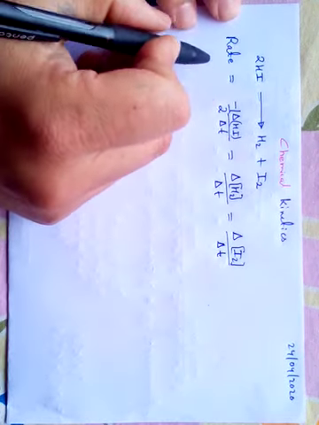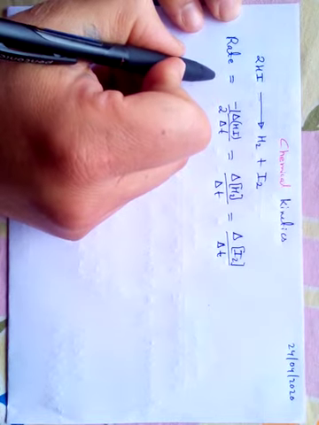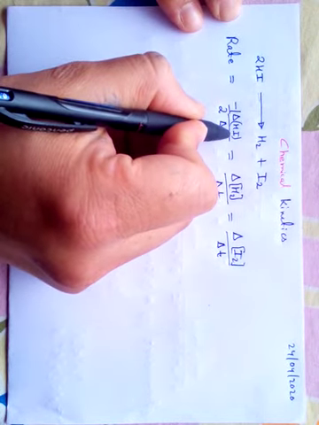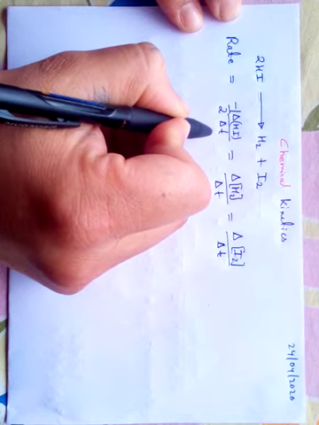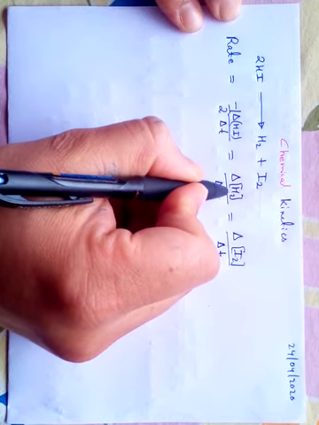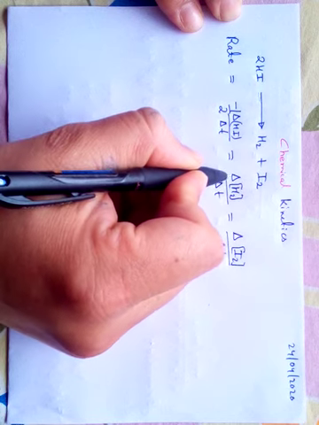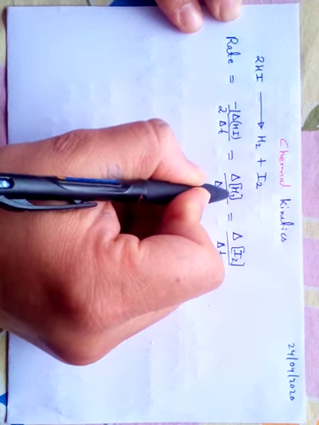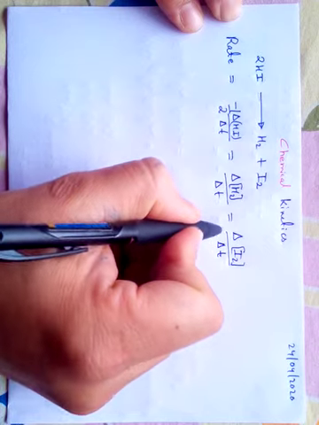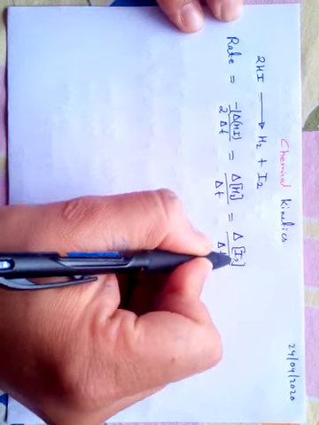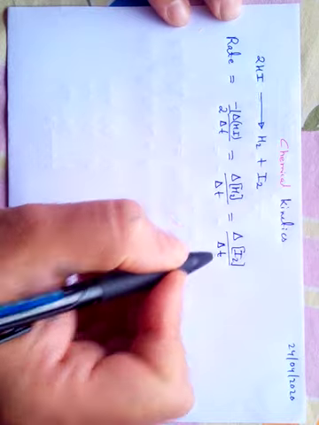So rate of a reaction can be related as negative half of the change in concentration of HI by time taken, equals the rate of production of H2. Its formula is delta H2 by delta T, which equals the rate of production of I2. So there is delta I2 by delta T.